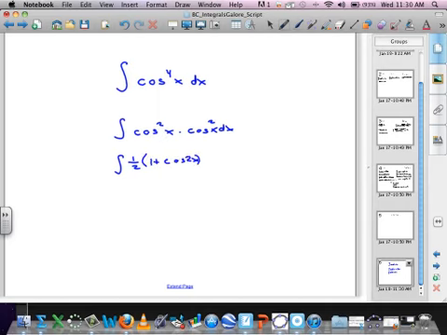Okay, you've got two of those being multiplied. And yes, we're going to expand all this. Let's take the 1/4 out, and we're going to have 1 plus 2 cosine 2x plus cosine squared 2x.